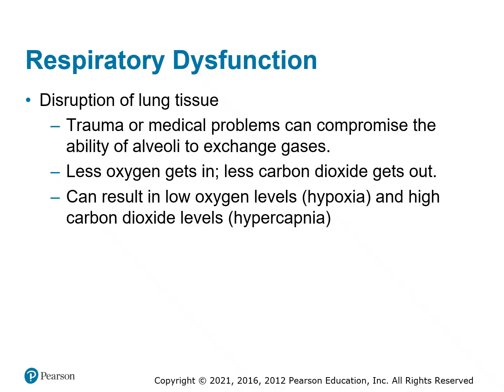Oxygen can't cross over and carbon dioxide can't get out. That's going to result in a low level of oxygen, which is called hypoxia. Hypo is low. And carbon dioxide, which is hypercapnia.